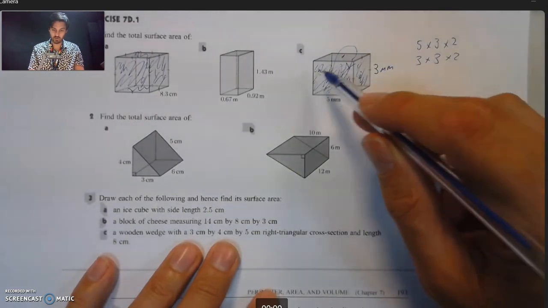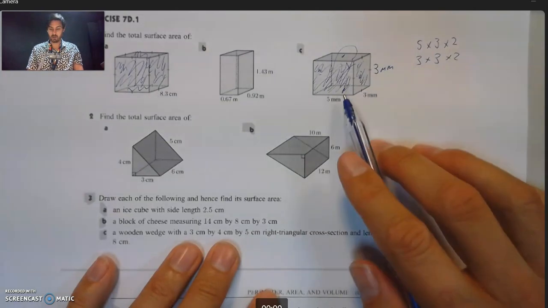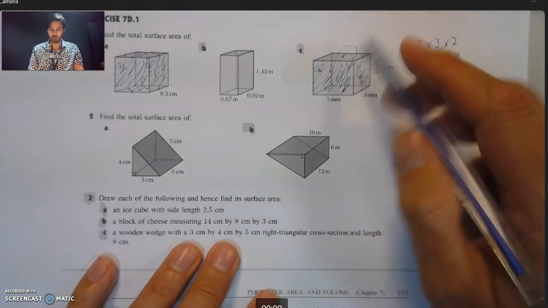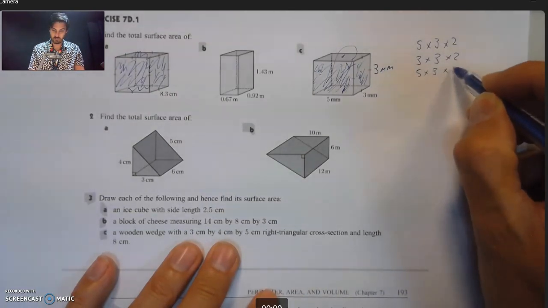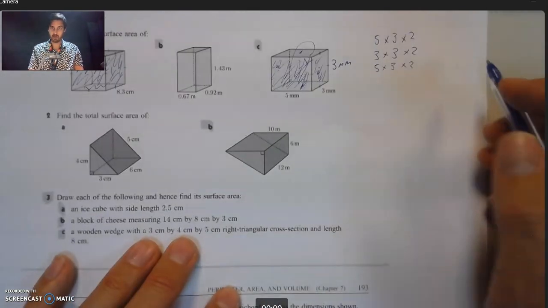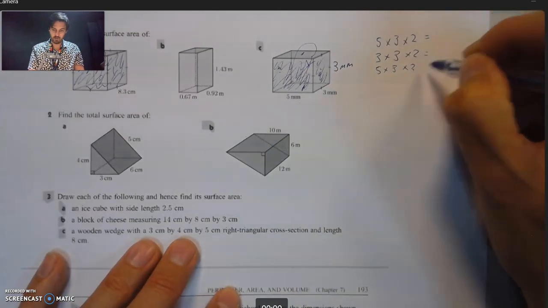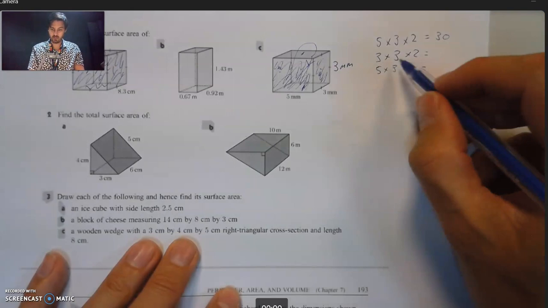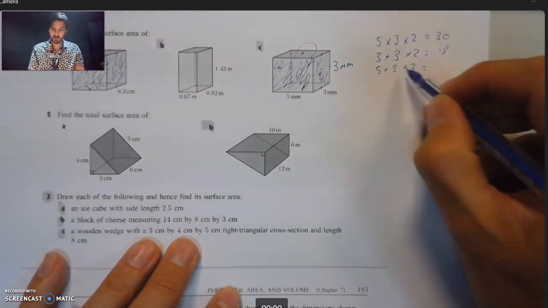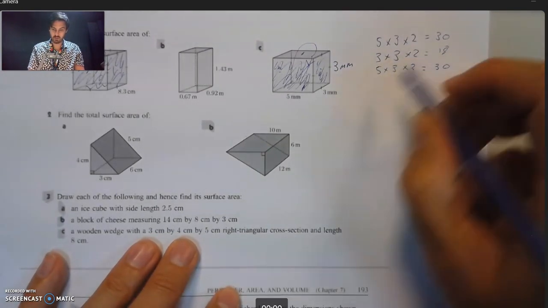And finally, top and bottom, which is 5 by 3 by 2, because there are 2 of them. Now we're going to simplify these. 5 by 3 by 2 is 30. 3 by 3 by 2 is 18. 5 by 3 by 2 is 30.